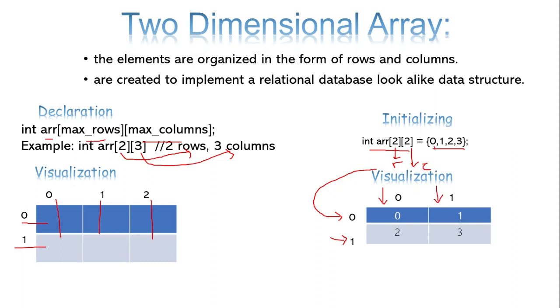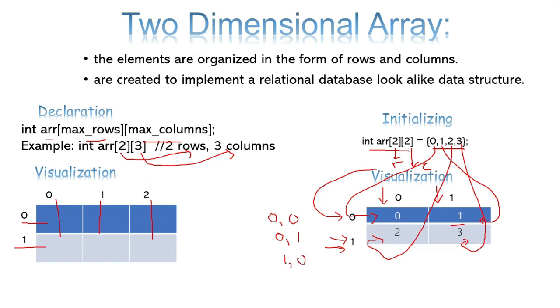So 0 is assigned to this, 1 is assigned to this, 2 is assigned to this, 3 is assigned to this. The way you read it is row, column, and then row, column. Once we are done, we continue to here: 1 which is the row and then column, and then 1 again which is the row and then column. That's how we assign it.